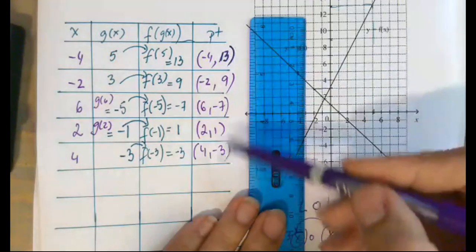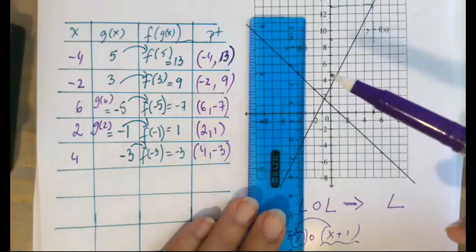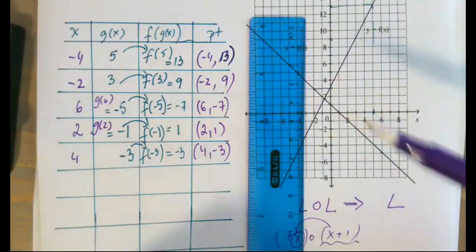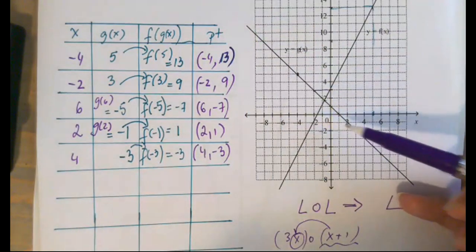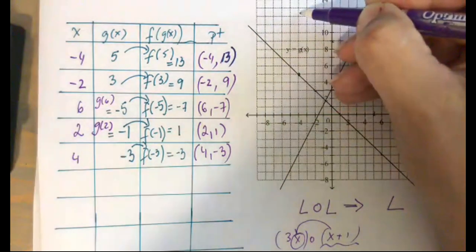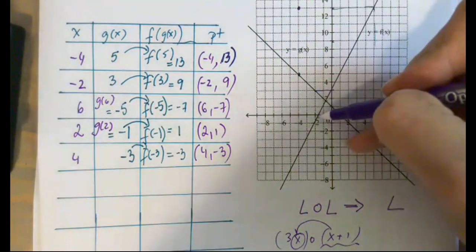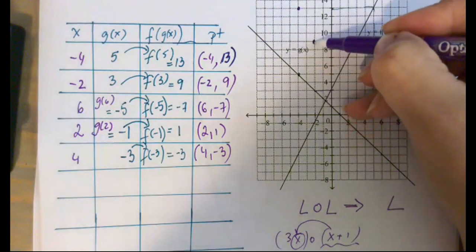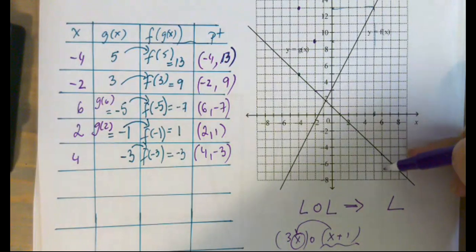Now, if we made any mistakes here and I wasn't paying attention, all these points will not end up linear, because if it's a linear function, they all have to be straight on a line, right? We call that collinear. So let's see before we move further. -4, 13, somewhere there. And then we have -2, 9. 6, -7.